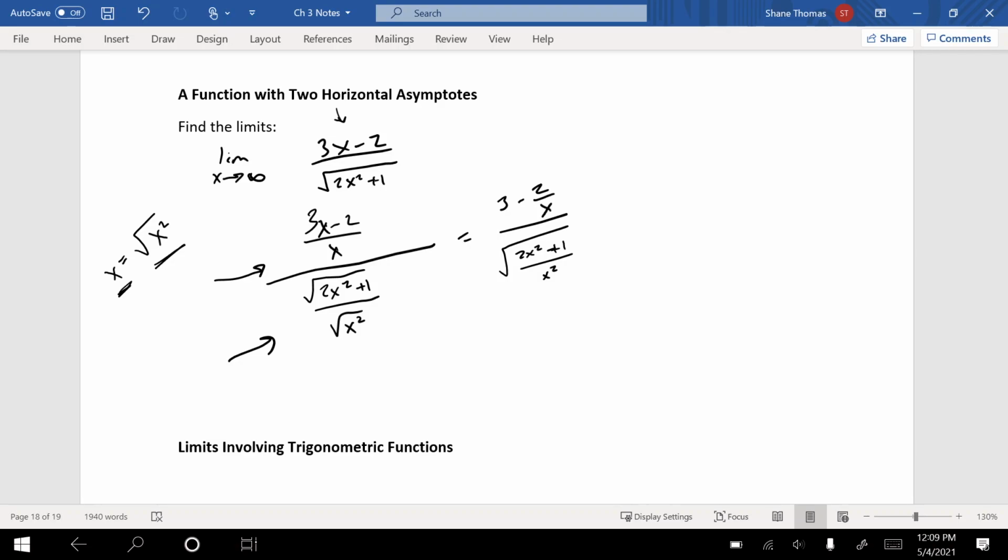So now that's going to give me 3 minus 2 over x on top. On the bottom, I can divide the x squareds out of the first factor. So that's 2 plus 1 over x squared. You guys still with me?